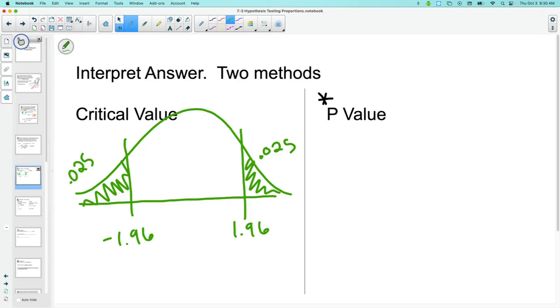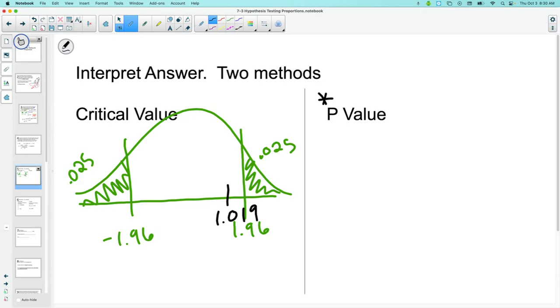Then we found a test value, which was 1.019. The idea is to take this value and place it here and see where it lands, remembering zero's in the middle. So if I place this in here, it should be somewhere over here.